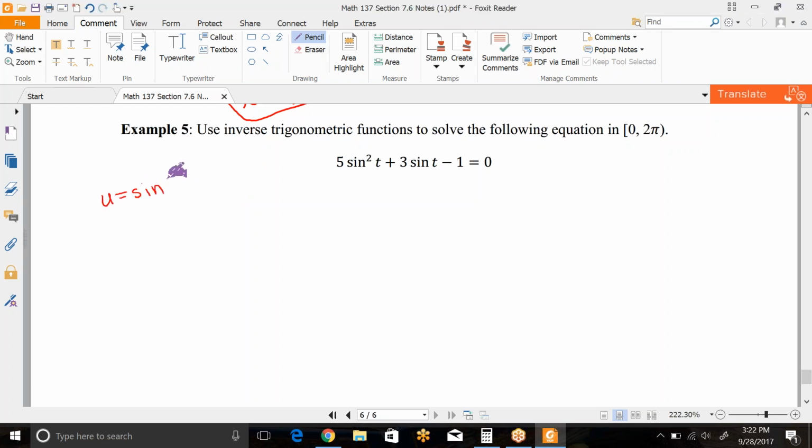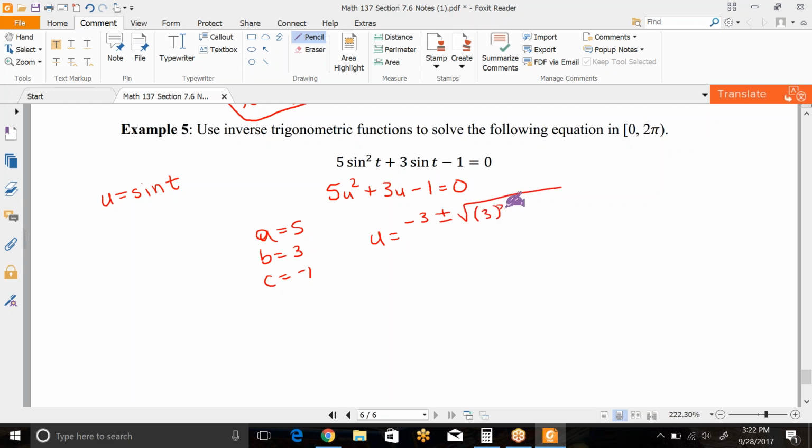You can try factoring, but it's going to get you nowhere. So this is 5u squared plus 3u minus 1 equals 0. So a is 5, b is 3, c is negative 1. So u equals negative b plus or minus the square root of b squared minus 4ac, all over 2a.